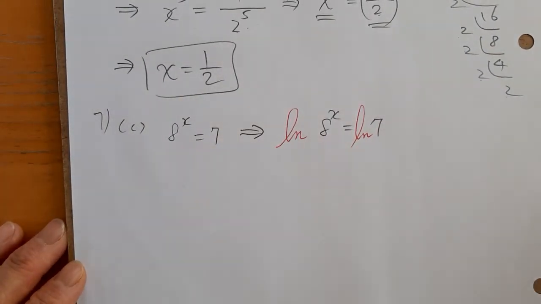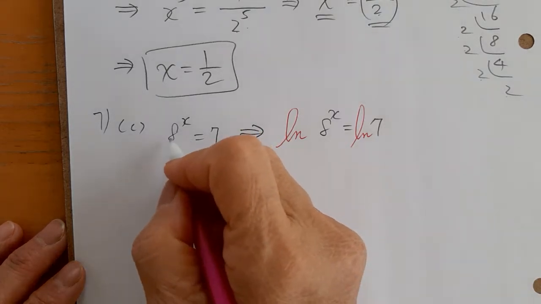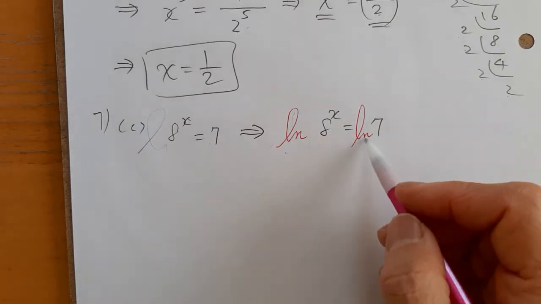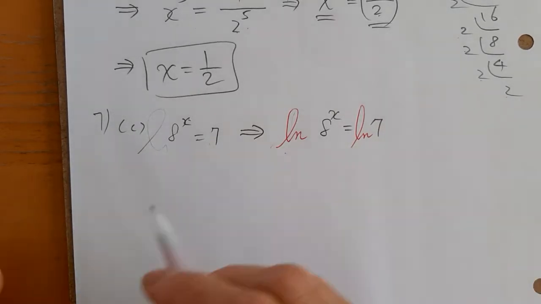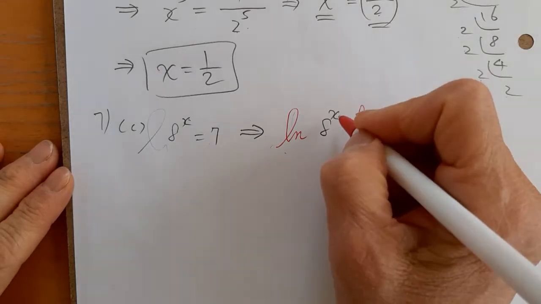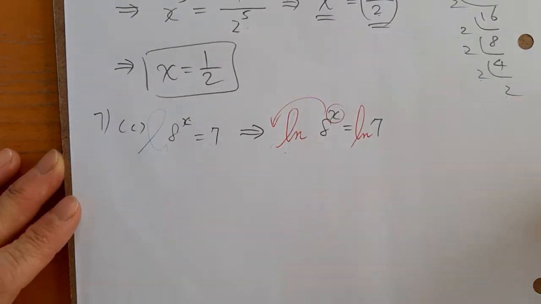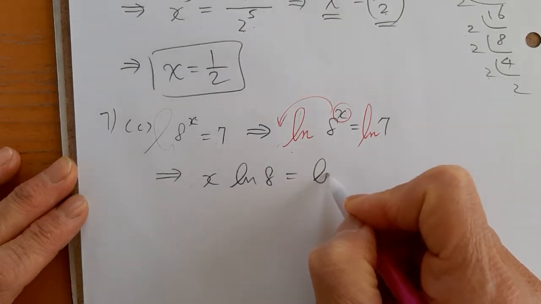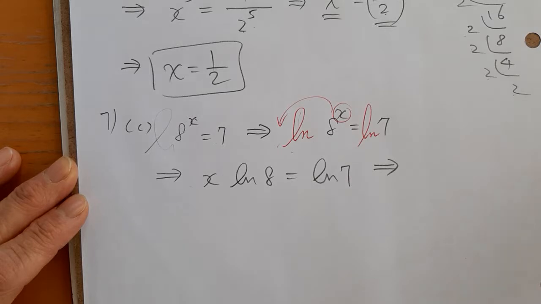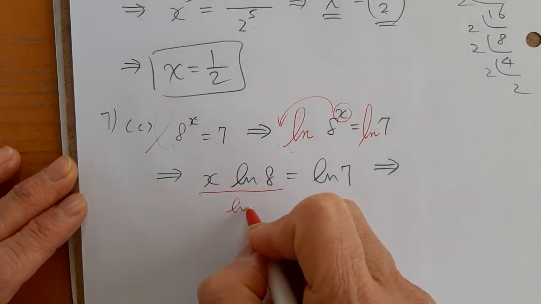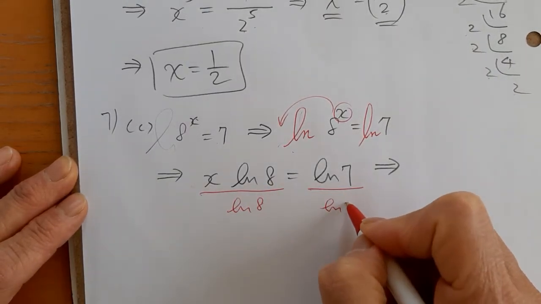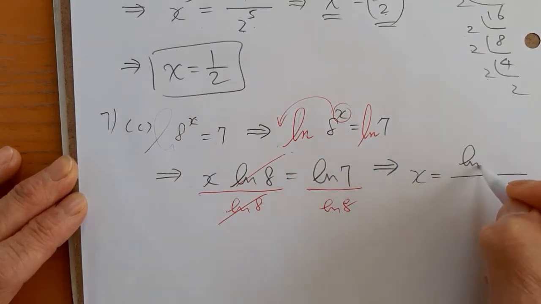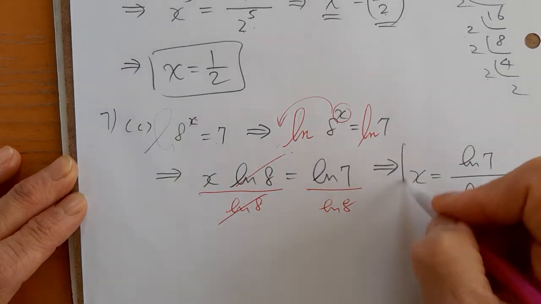Normally it's natural logarithm. I take 8 to the power x equals 7, take ln on the left, ln on the right, they still equal. Then use the power rule, x comes down. So you get x ln 8 equals ln 7. Solve for x: divided by ln 8, divided by ln 8. ln 8 cancels, and you get x equals ln 7 over ln 8.